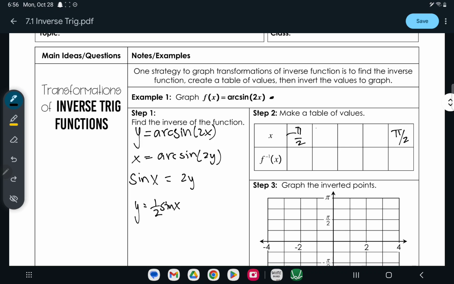So if we just do some equal steps here, you get -pi/4, 0, pi/4. Let's evaluate it at sine. So sine of -pi/2, I think unit circle would be here. So sine is -1. So times 1/2 is -1/2.